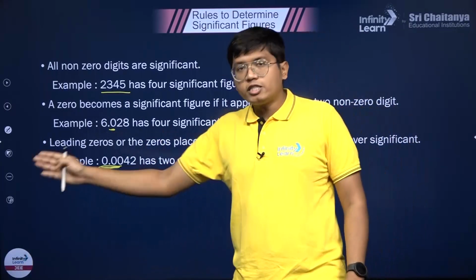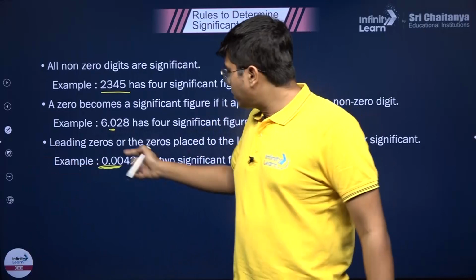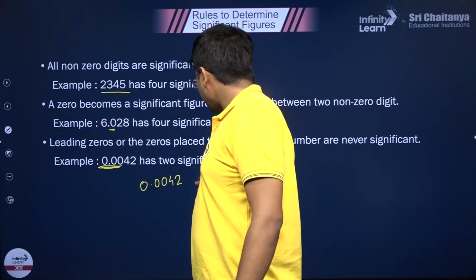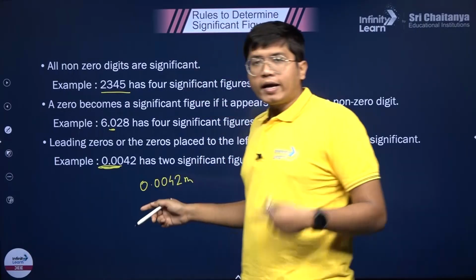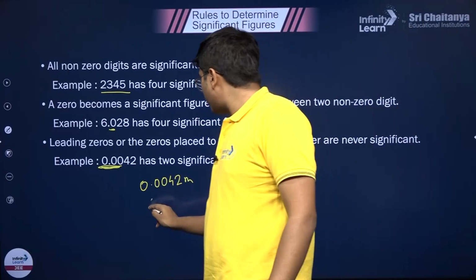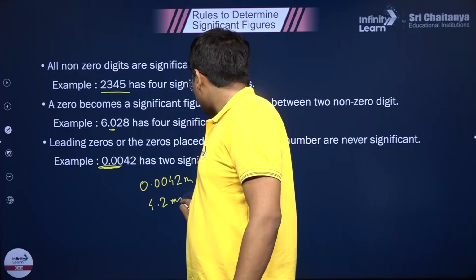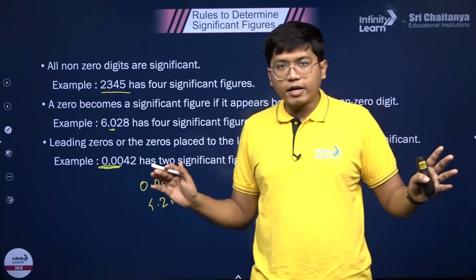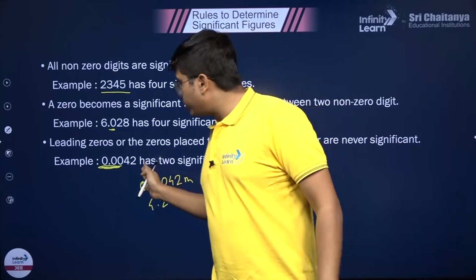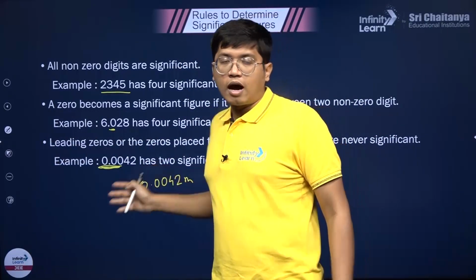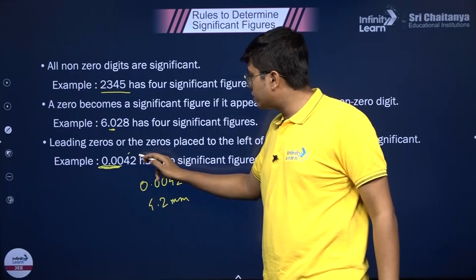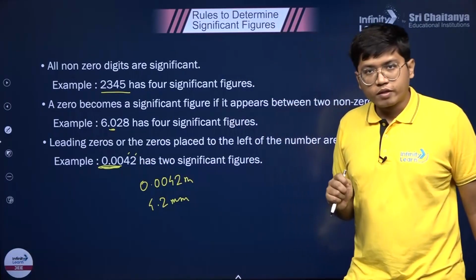If you just change the units, maybe this is 0.0042 meters. If you write it in just millimeters, it would become 4.2 millimeters. So these zeros don't matter. Just by changing the unit, you could eliminate them. So any zeros before the number are going to be non-significant. So there are only two significant figures here, 4 and 2.